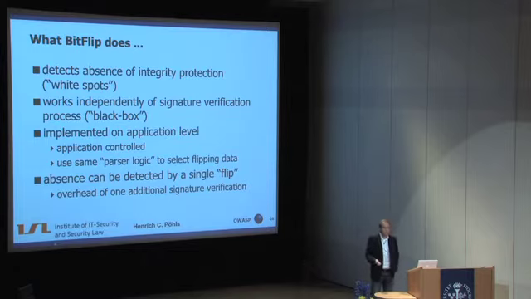So we can basically assume if this is the name on a purchase order, then not only this one character of the name was not signed, but the whole name that we as an application are working with is not covered. So the overhead for this, for one field of data or one blob of data that the application wants to be secured, would be the overhead of one additional signature verification.